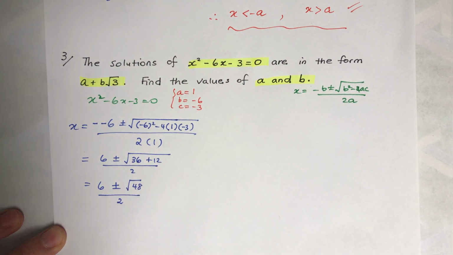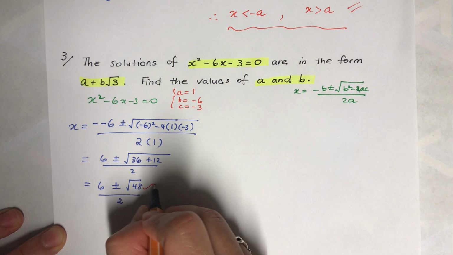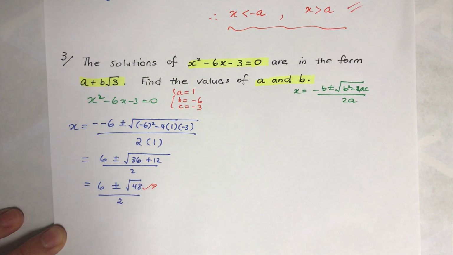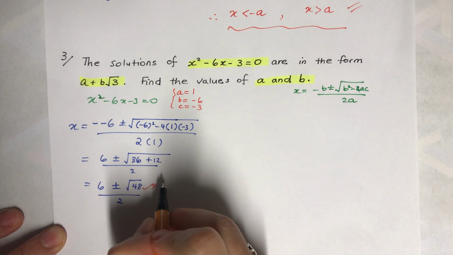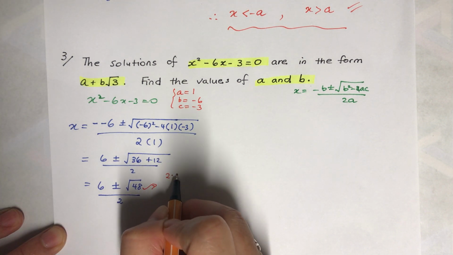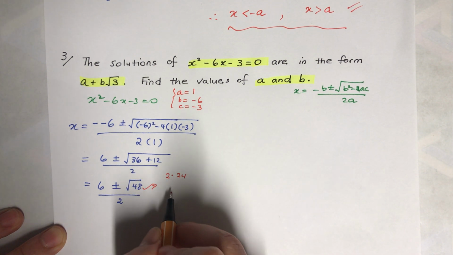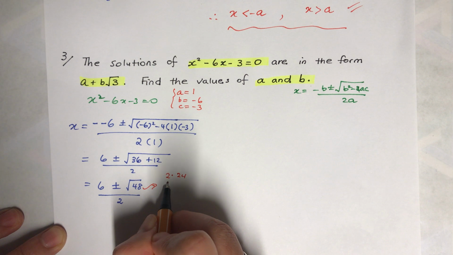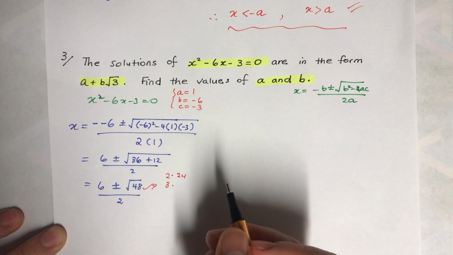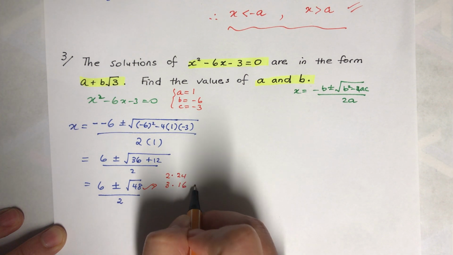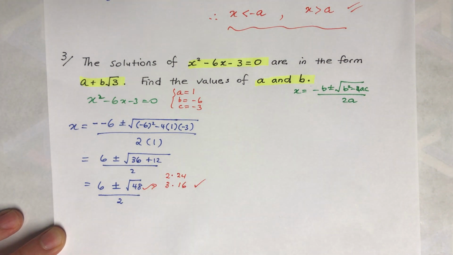And 48, I can make it simple. You need to think of factors with a square number in it. So if I do 2 times 24, well, 24 is not really a square number. Let's start with maybe 3. 3 times what makes 48? 16. Yes, voila, that's the one that we want.